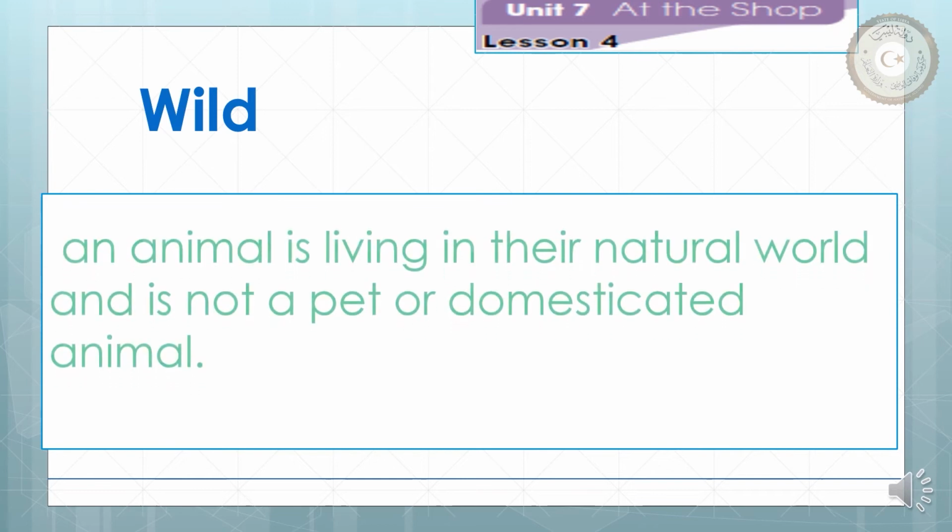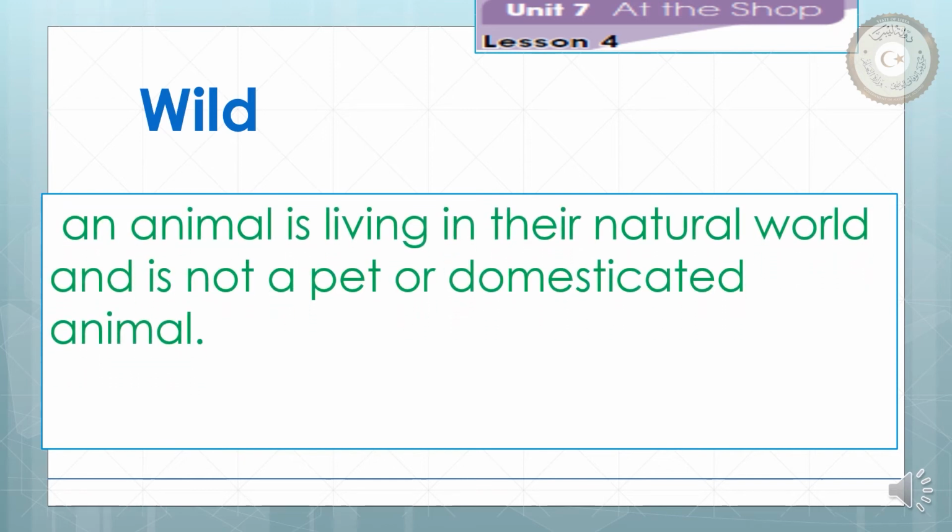Now, let us revise some words. Wild. What does that mean, wild? It means what? Look at this definition. Here we have wild. It means what? Can you read it with me? It means an animal is living in their natural world.